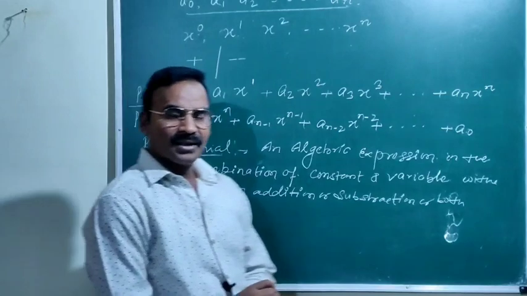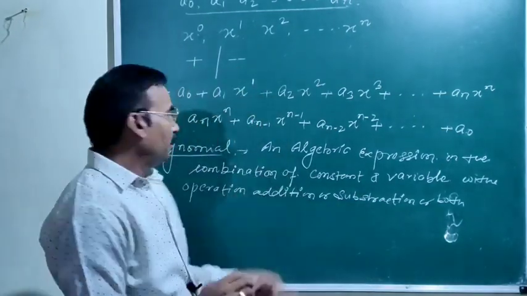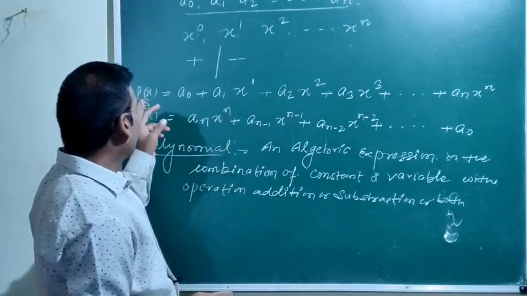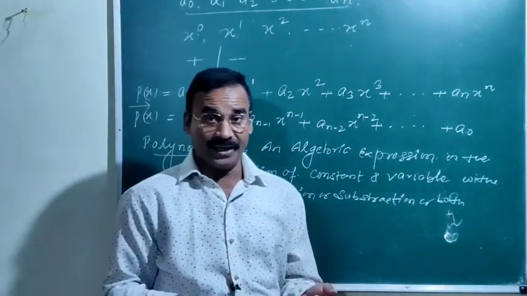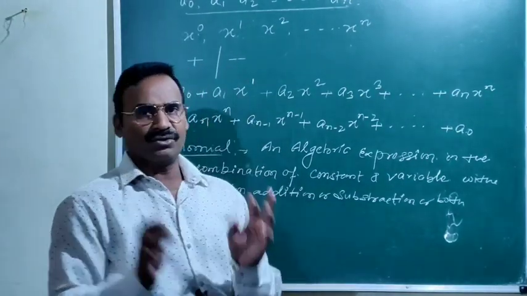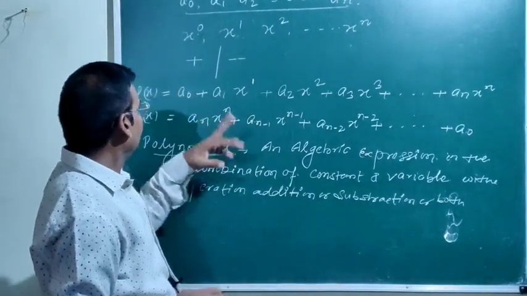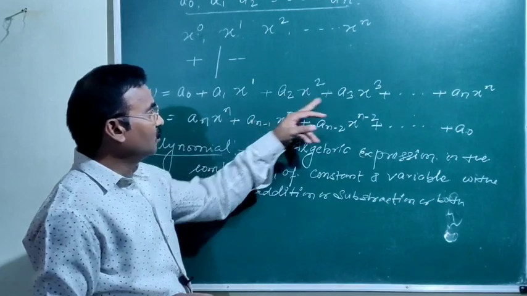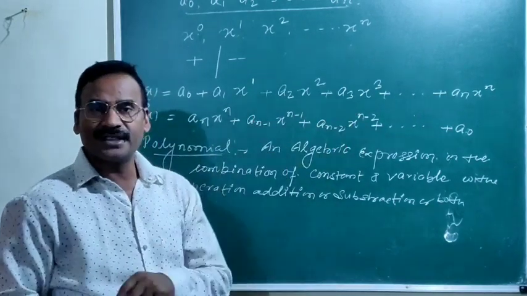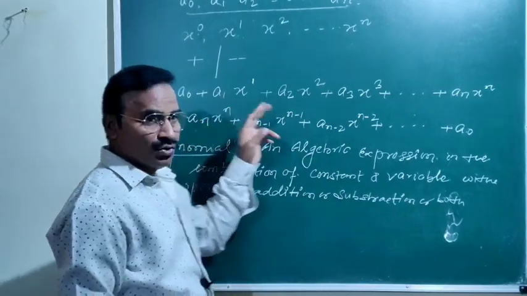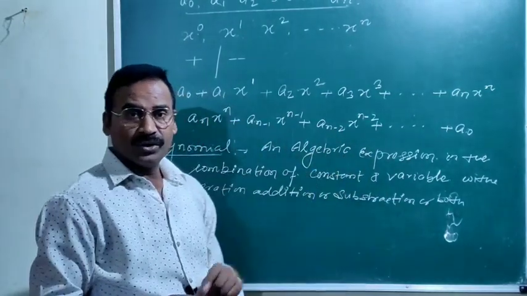Now let us discuss what is Px. Px is the expression name of the polynomial. We can write it as Px, Qx, Rx, Gx, Fx and so on. You can name it anything. a0, a1, a2, a3 are the constants, as I discussed earlier. x to the power 0, x to the power 1, x to the power 2 and so on.